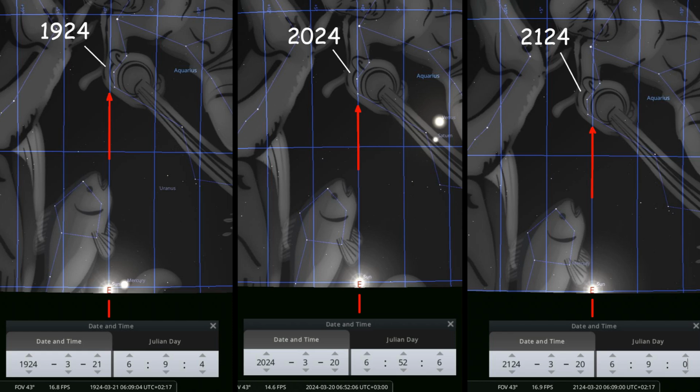But you can really see the difference in the movement when you look at those first stars of Aquarius and the water pitcher. 100 years ago, it wasn't really even close to the line. And 100 years from now, it's way over the line of due east, well into the age of Aquarius.